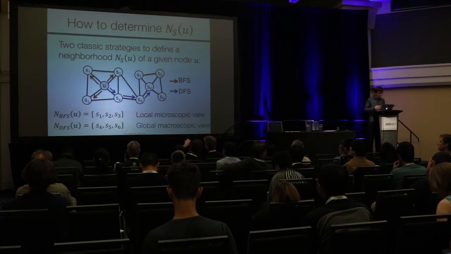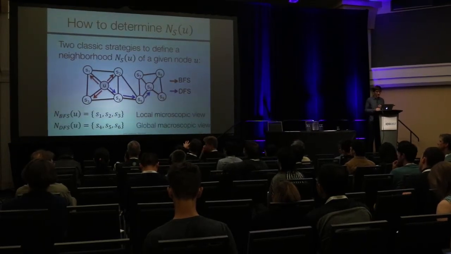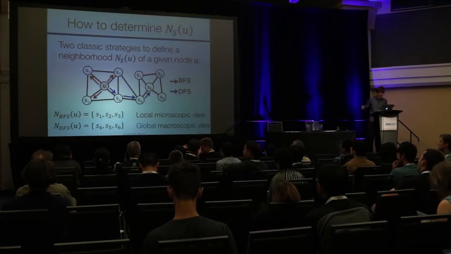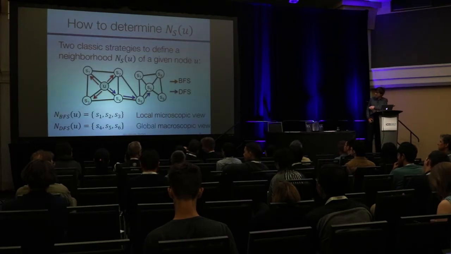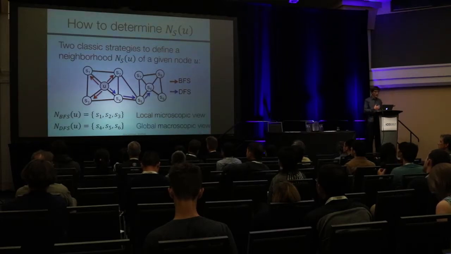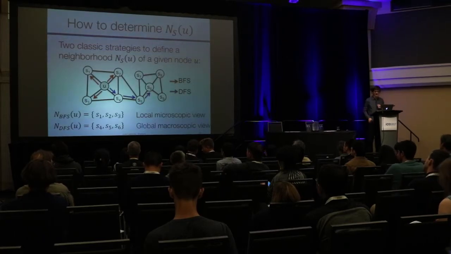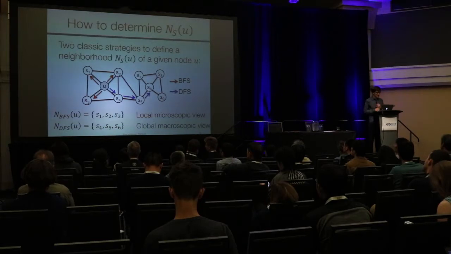One way to explore the network would be in a breadth first search fashion, where I look locally around this node of interest u and ask who are the nodes in its close proximity, in its vicinity. That would be one extreme network exploration strategy.